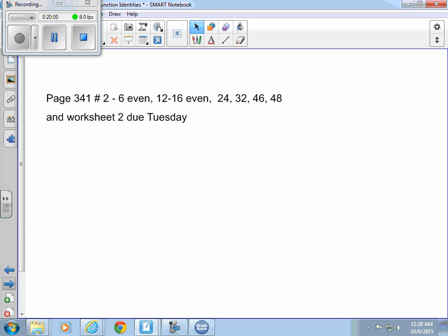Okay, everything off of your desk except your trig helper. It does have 2 pages too.